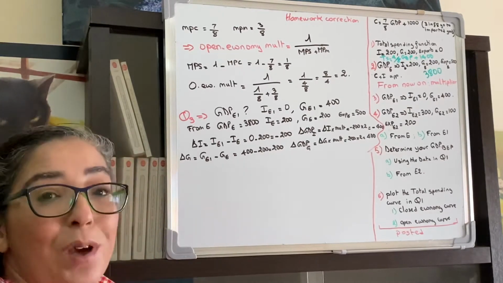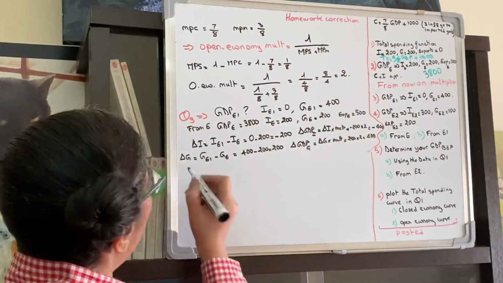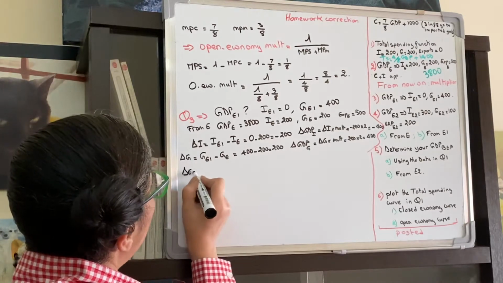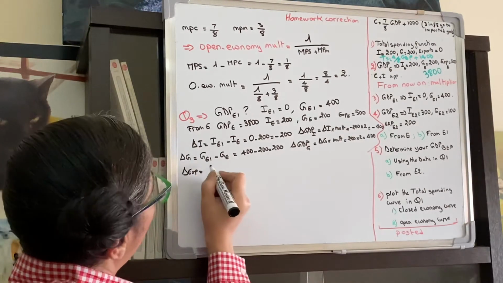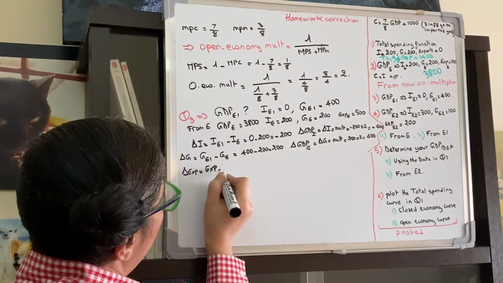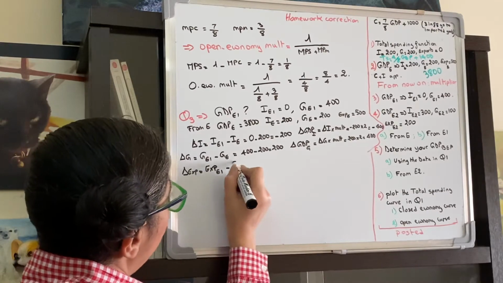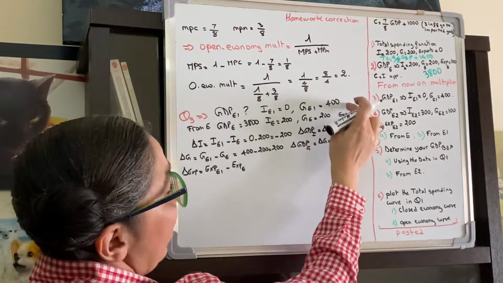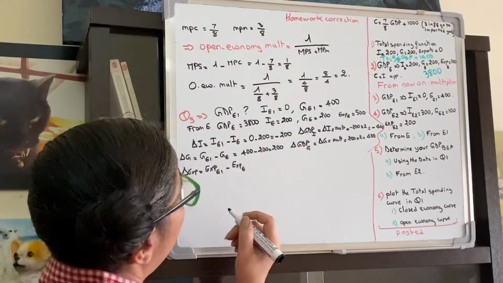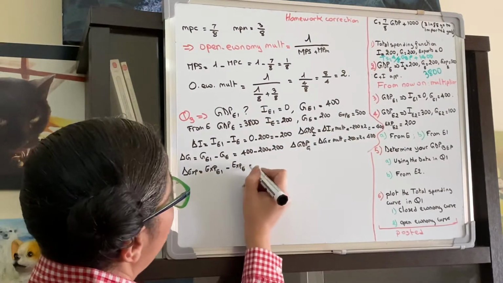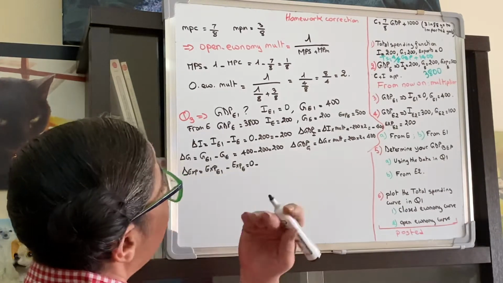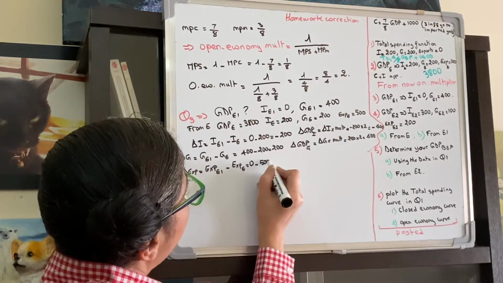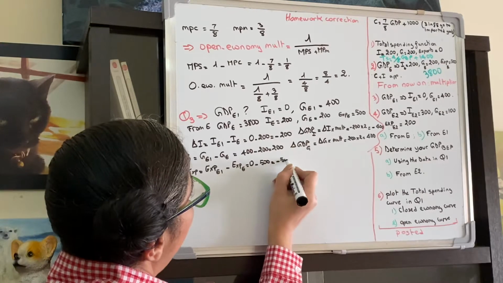And now I'm moving to exports. So delta exports equal to exports at E1 minus exports at E. If I don't have exports here, it means it was 0. So it's equal to 0 minus 500, which is negative 500.